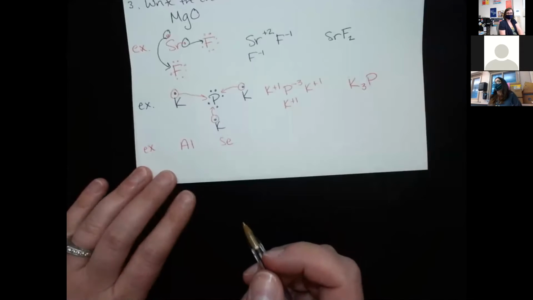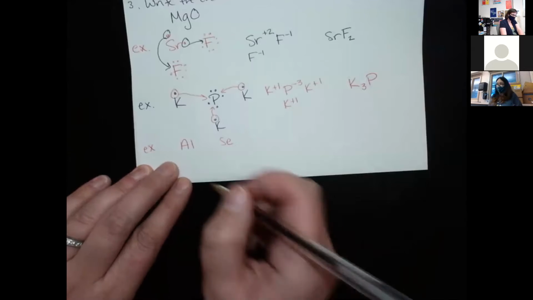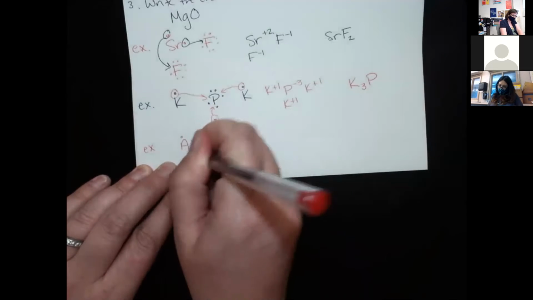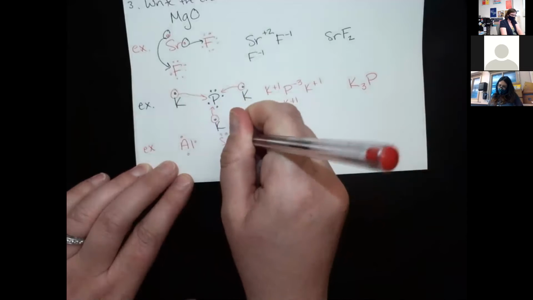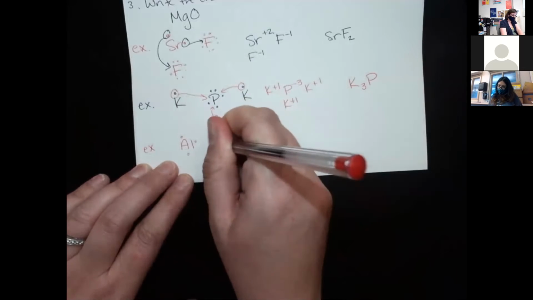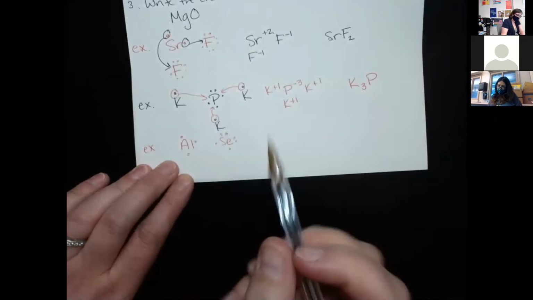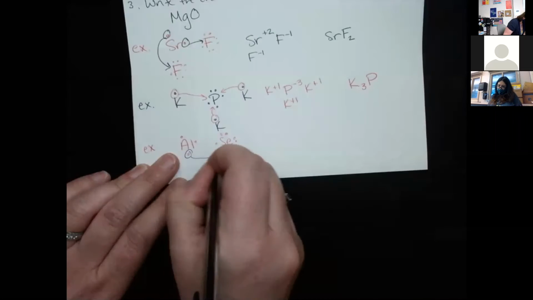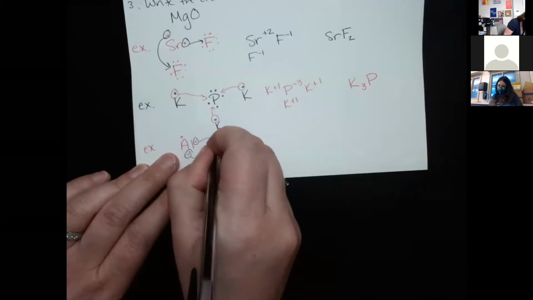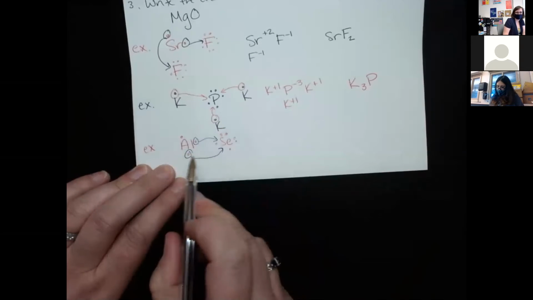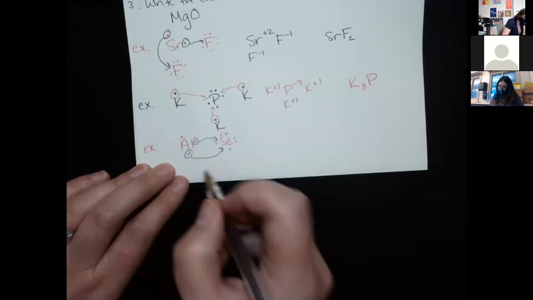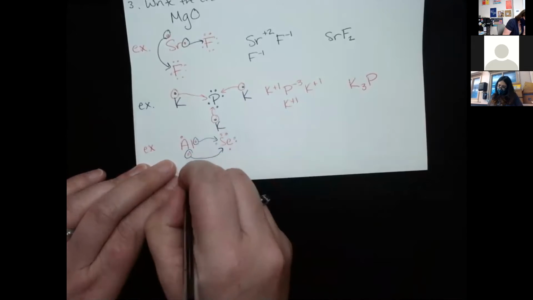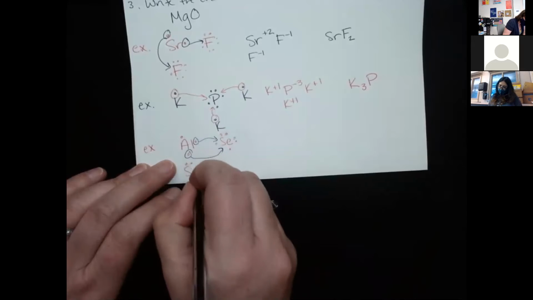How many valence electrons do we draw for aluminum? 3. How about selenium? 6. So aluminum can give 2 electrons to selenium, and selenium is happy. But is aluminum happy? No. So we're going to need another selenium to take aluminum's electrons.